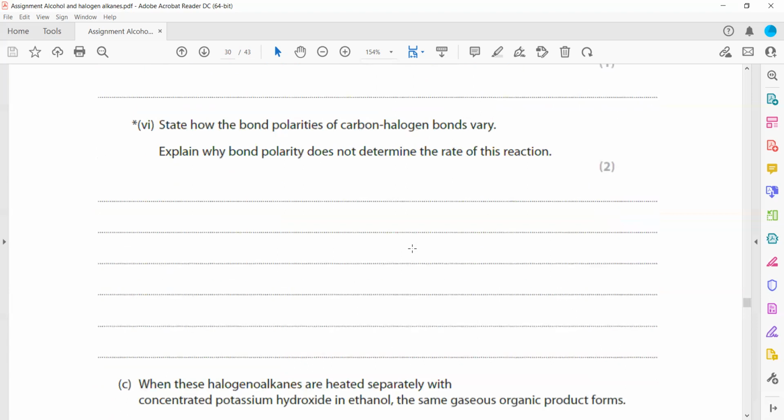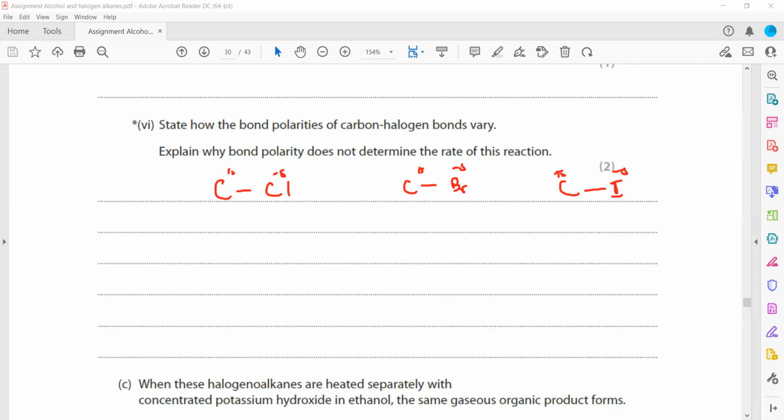State how the polarities of a carbon halogen bond vary and why the polarity does not determine the rate of the reaction. Look, which bonds are polar? Carbon chlorine bonds are more polar than carbon bromine bonds, and carbon bromine bonds are more polar than carbon iodine bonds. Because the two non-metals share electrons between them, due to the difference in electronegativity, the electron pair is shifted towards the more electronegative atom.